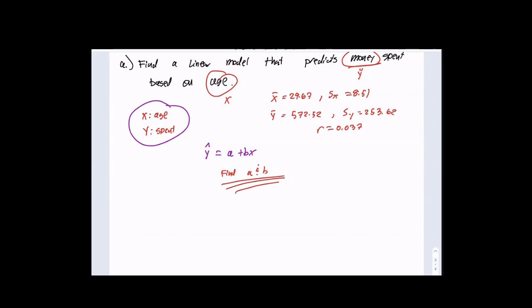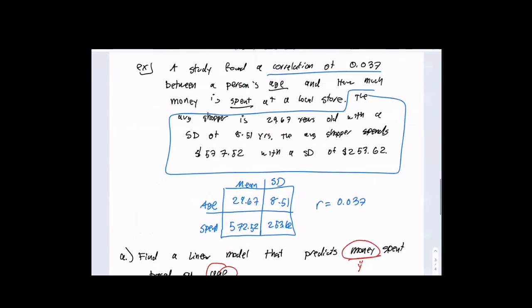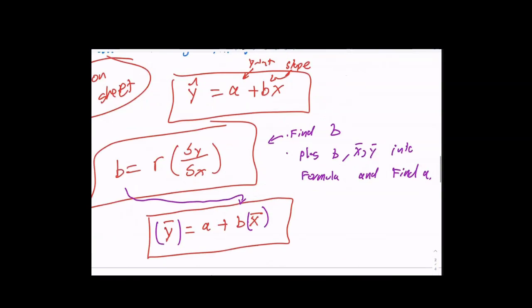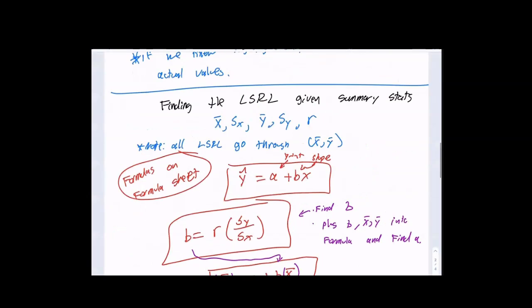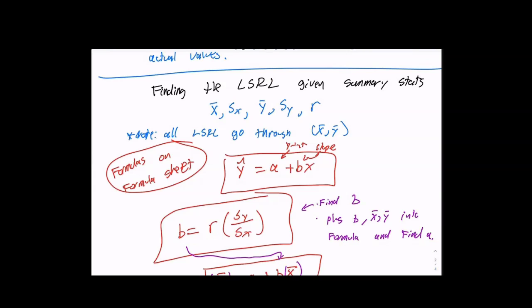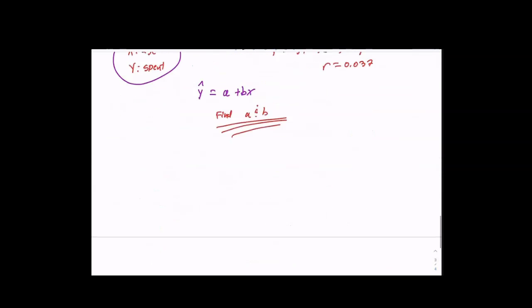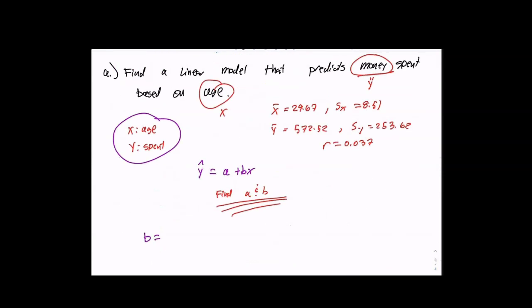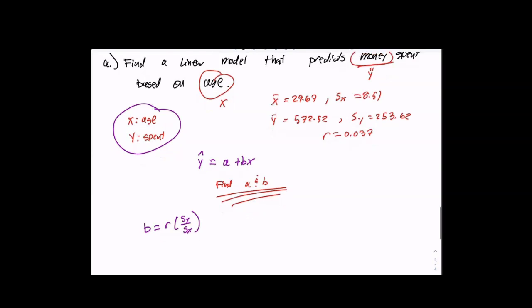Which variable do we find first? Which unknown? A or B? Like I said, you've got to look up into here. It says right there: find b. B is R times the standard deviation of y over the standard deviation of x.